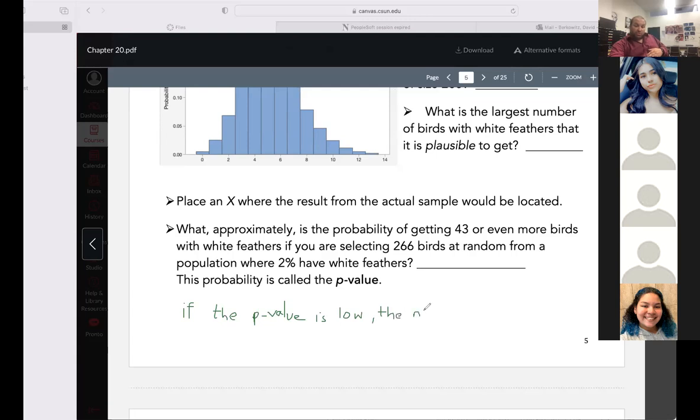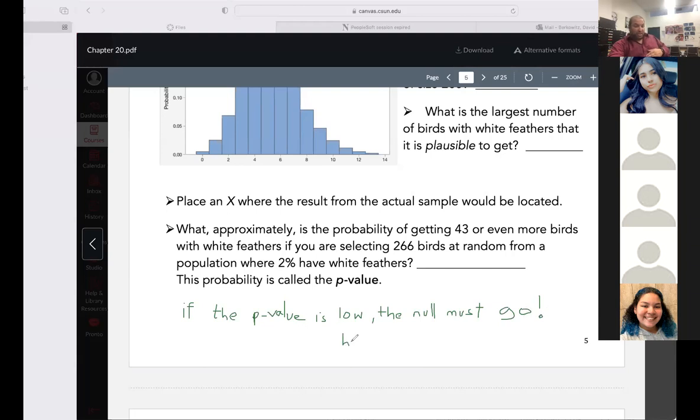What do you think the conclusion was? Be incorrect. Well, that doesn't rhyme at all. If the p-value is low, the null must go.